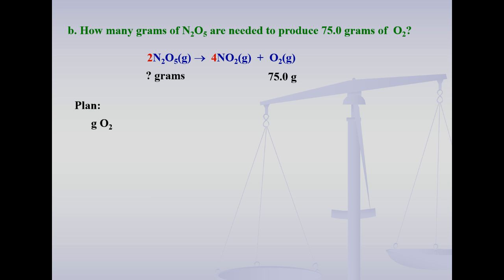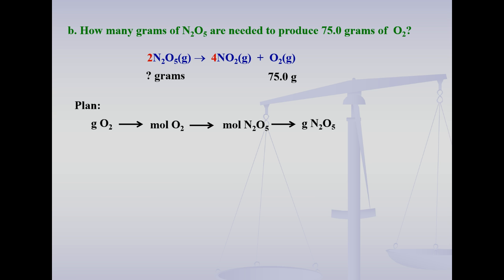And what can you convert grams of oxygen to? Moles of oxygen. And from moles of oxygen, you're going to take that to, good, moles of dinitrogen pentaoxide, and then for moles of dinitrogen pentaoxide, what are you going to convert to? Now we can take that to grams.